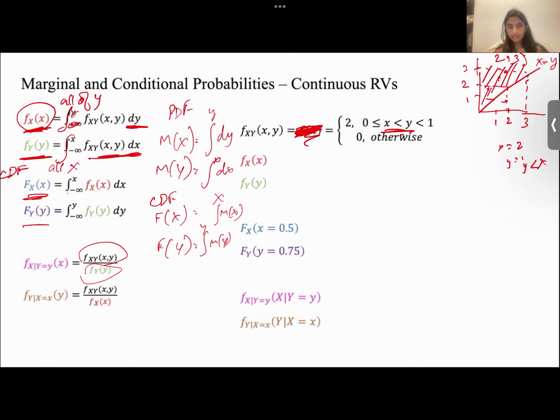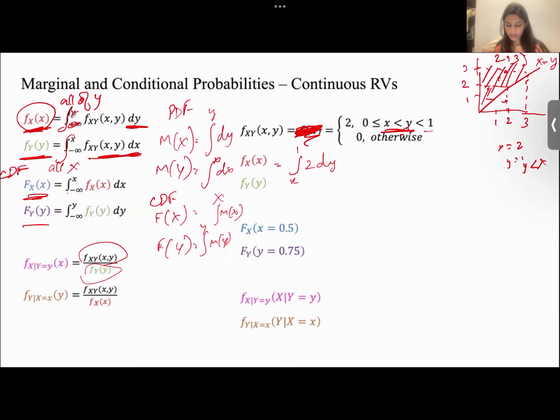And yeah, let's calculate the marginal probability function for f of x. Basically, you write the integral of the function in terms of dy. Now what are the limits that y could take? The lower limit for y is x, and the upper limit for y is 1.